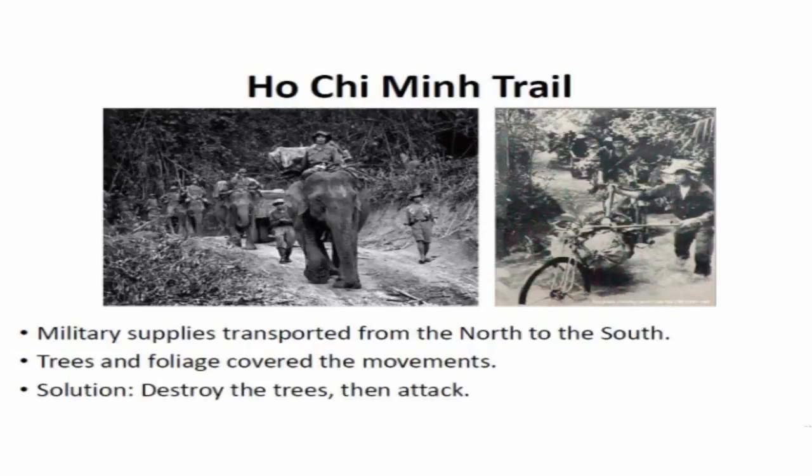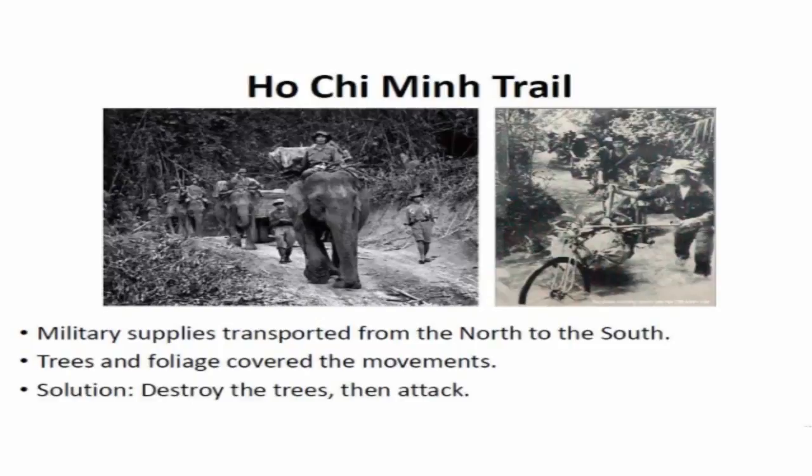They were transported from the north to the south, and they used primarily trees and foliage to protect them from the investigations of American aircraft. The trees and foliage in South Vietnam and North were very thick, so they could hide, they could camouflage, and their movements were pretty much unknown for a long time.